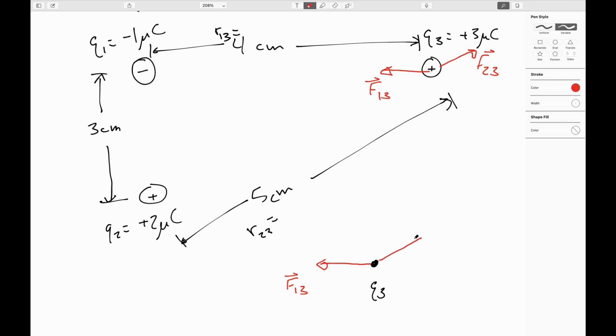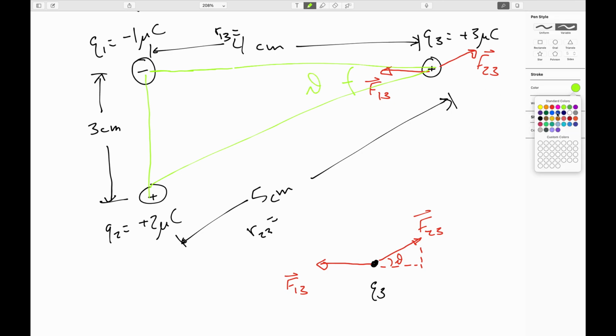That is my F23, like that. And we're going to need to note this angle here. We'll call it theta, which is also, if we were to draw out this triangle right here, that's also this angle theta right there.